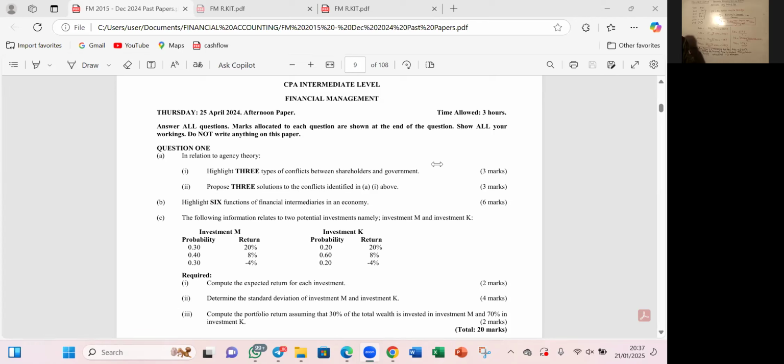Or you can type. Mbona amekatika? Olivia, you can leave and then you rejoin, kama umekatika.